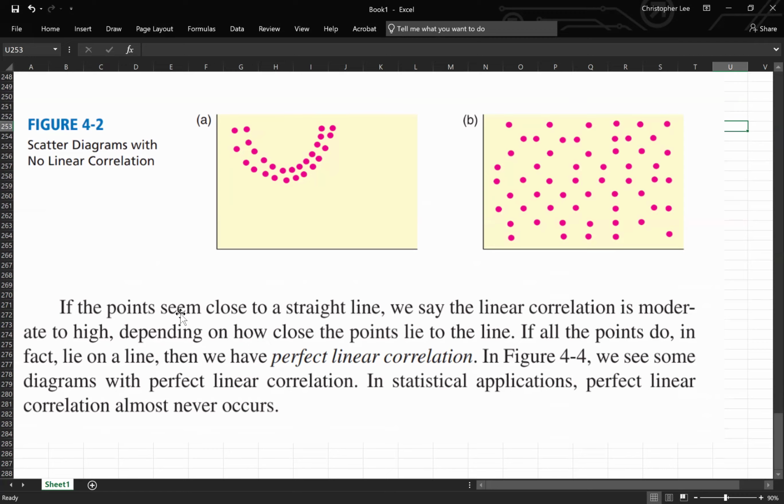So if the points seem close to a straight line, we say that the linear correlation is moderate to high, depending on how close the points lie to the line. If all the points do, in fact, lie on a line, then we have perfect linear correlation, right? So in the next figure, we're going to see some diagrams of perfect linear correlation. In statistical applications, perfect linear correlation almost never occurs, all right?